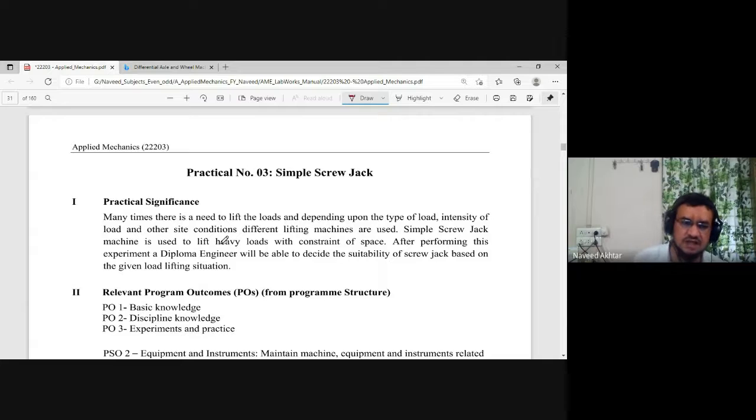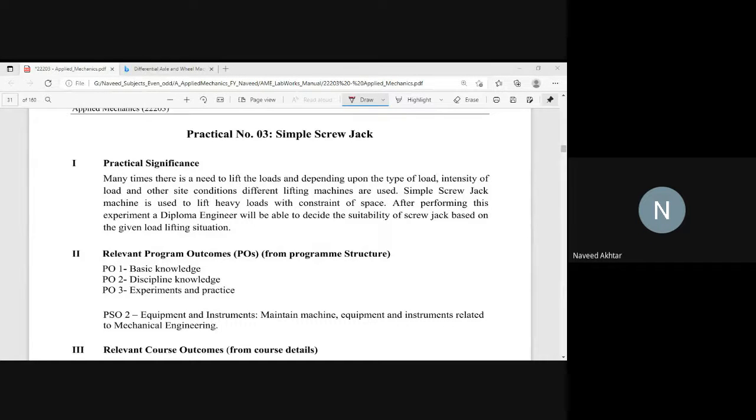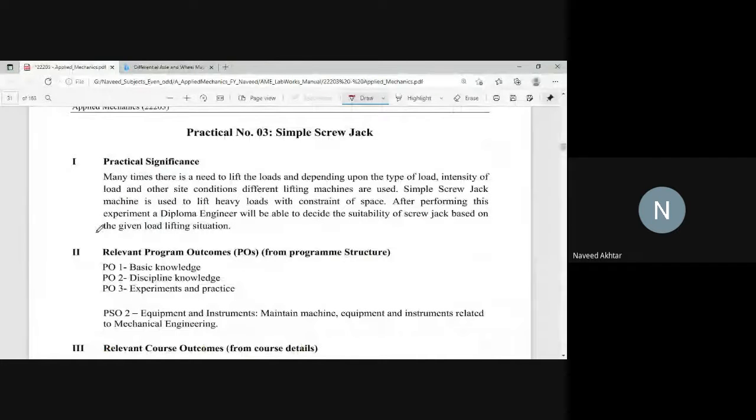To lift the car, we are using that simple screw jack. So the simple screw jack is practical number three.